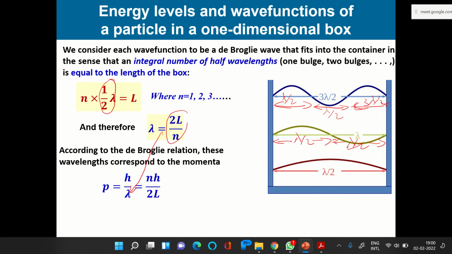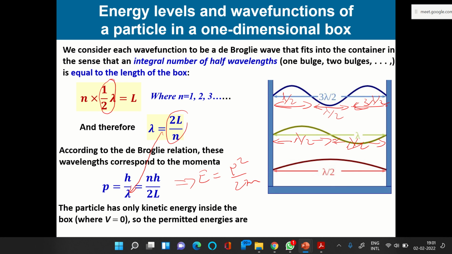So momentum has been defined. Now if momentum is defined, you can define the energy, p square by 2m. So applying this, you can get to this point.